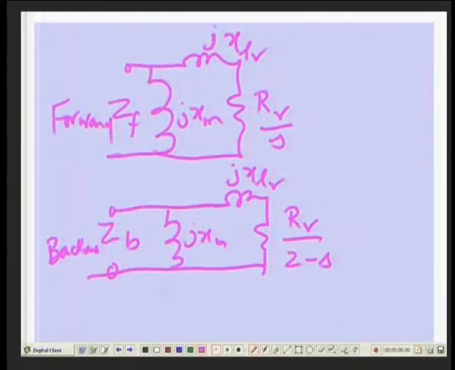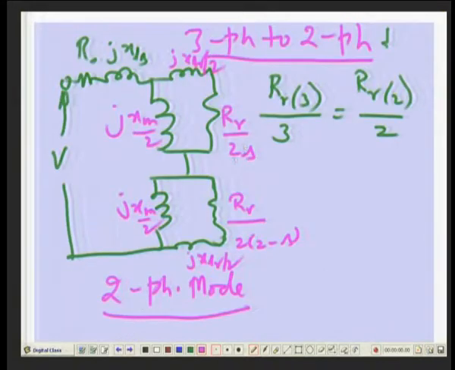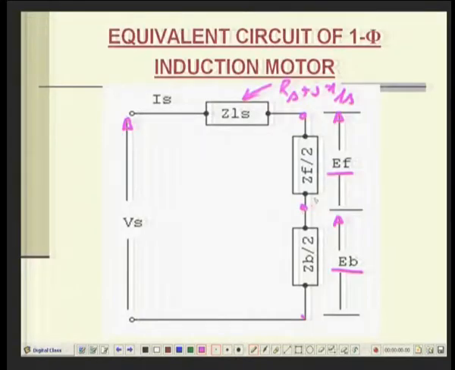So you have EF, the voltage due to the forward field, and EB, the voltage due to the backward field. Everything is divided by 2 here, therefore it is ZF by 2 and ZB by 2.